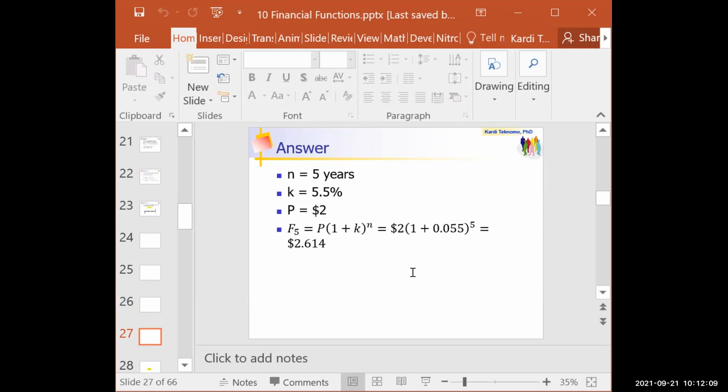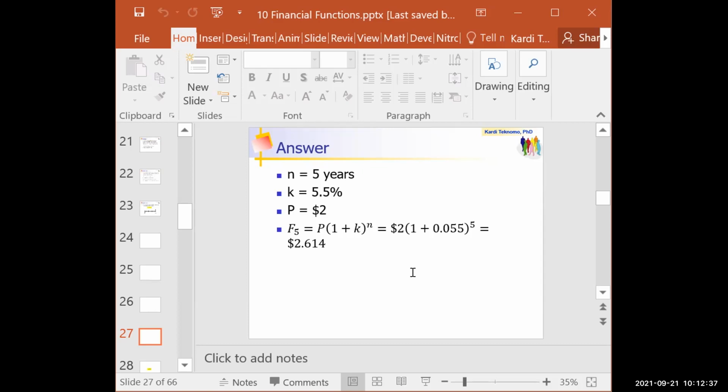Now my question to you. This one is given the present value, interest rate, and the number of years, right? So there are 4 variables here, right? P, F, K, N. So what are you given?